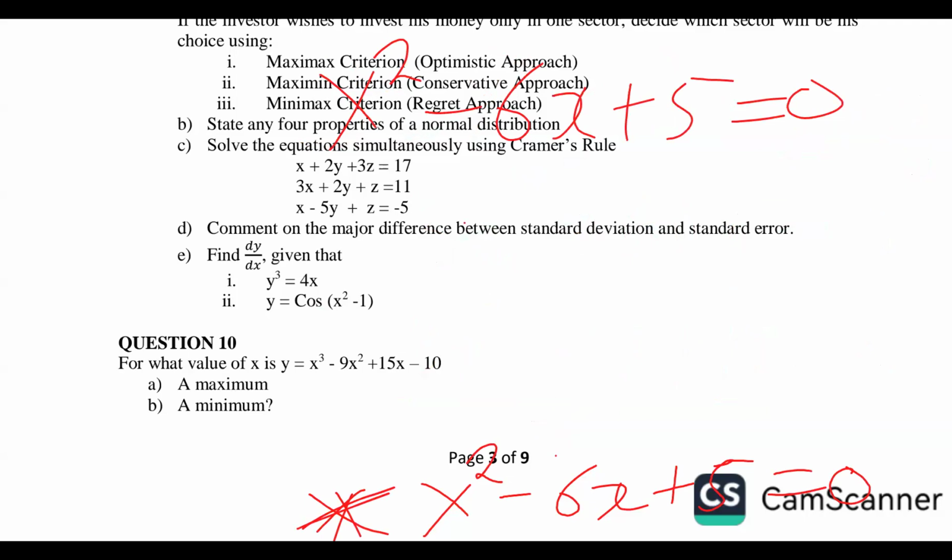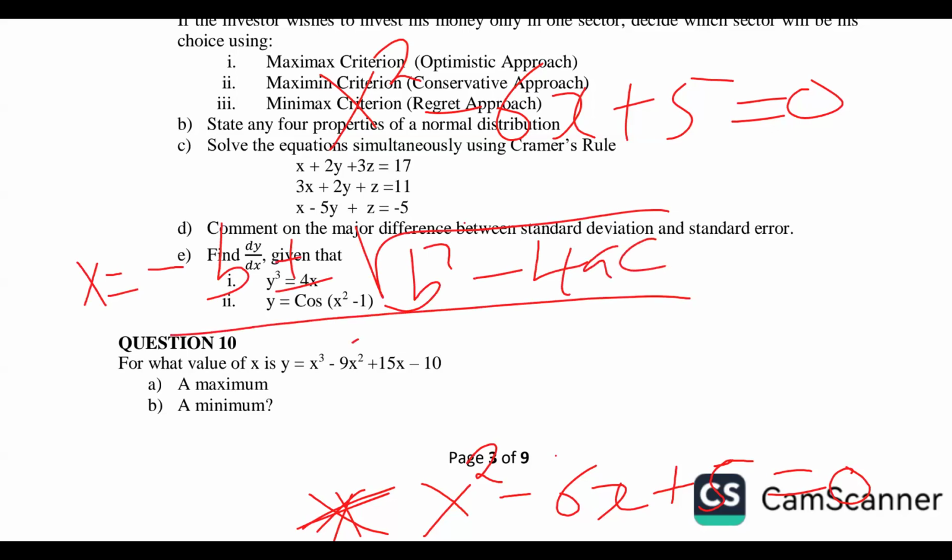There are so many methods of solving a quadratic equation. The easiest you could choose is the formula method, which says x is given as negative b plus or minus the root of b squared minus 4ac, all divided by 2a.